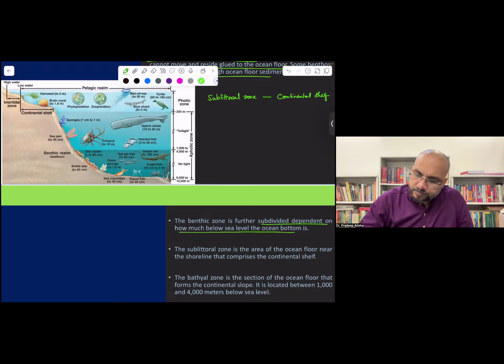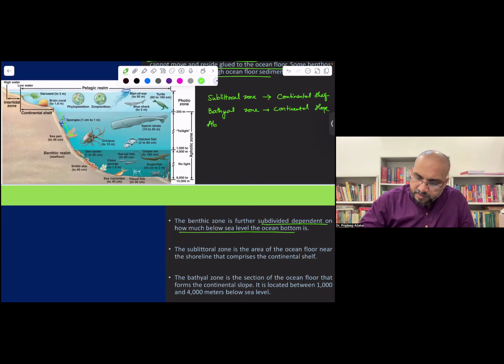Sublittoral zone near the continental shelf. So ocean bottom, but at the continental shelf. Then you have bathyal. ये continental slope है. So this slope की बात कर रहे हैं, continental slope region.